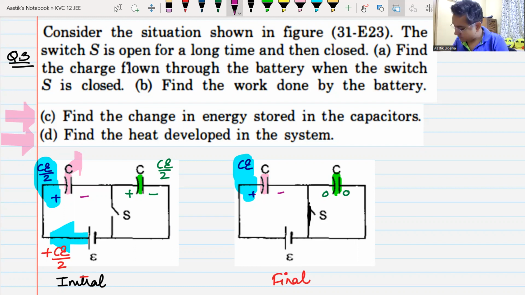CE square by 8. Yes or no? How much is the energy coming in this green one?